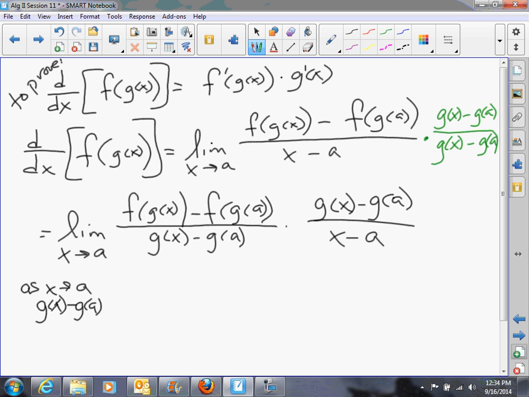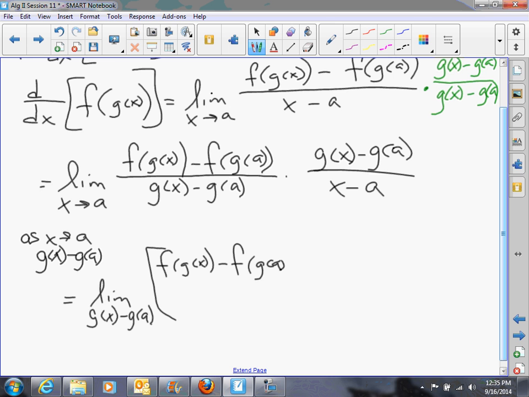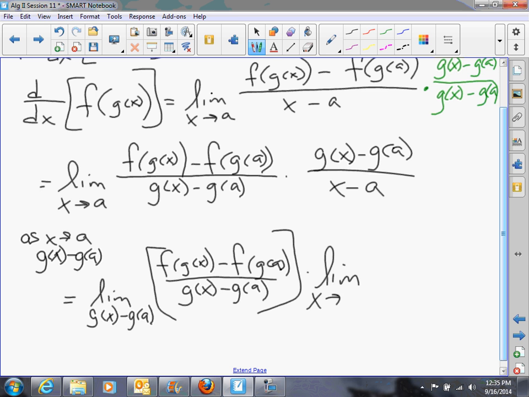So now we can rewrite this as the limit as g of x approaches g of a of f of g of x minus f of g of a over g of x minus g of a times the limit as x approaches a of g of x minus g of a over x minus a.